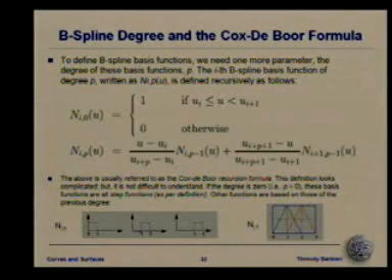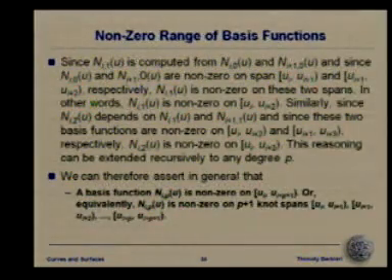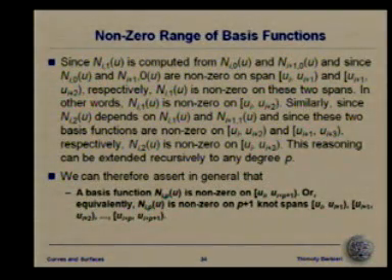So the idea is that these functions have the peculiarity that they are non-zero in localized ranges of the parameter. For this reason, you see, non-zero range of basis function. If you want to do it generally, the basis function N_i,p of u is non-zero between u_i and u_(i+p+1), p being the degree of the curve.